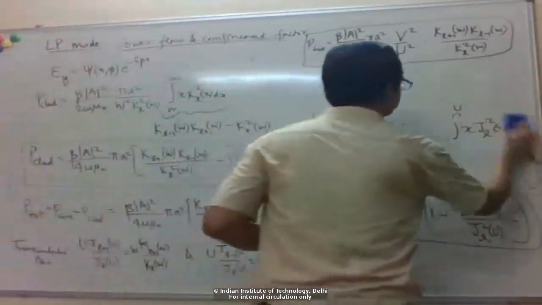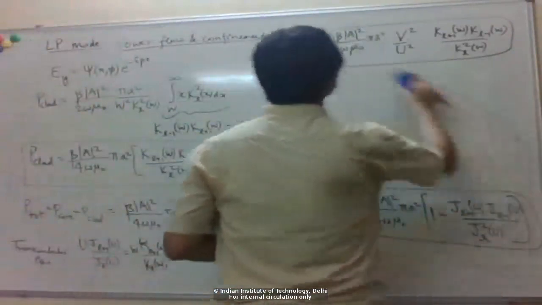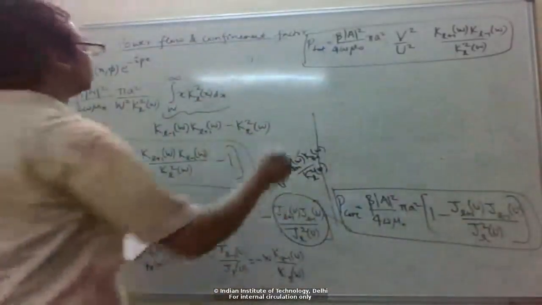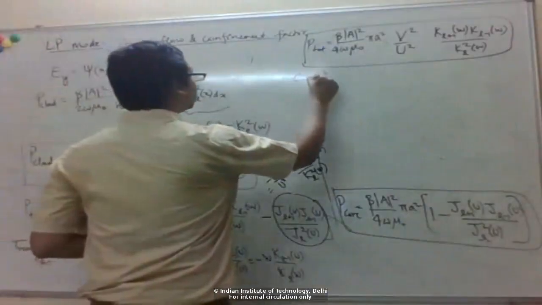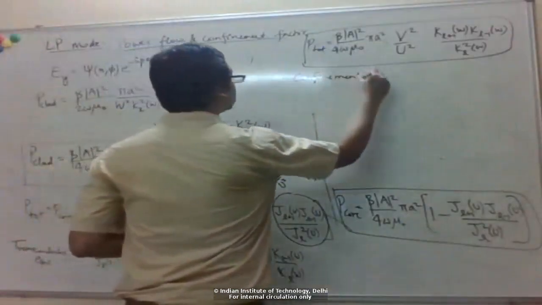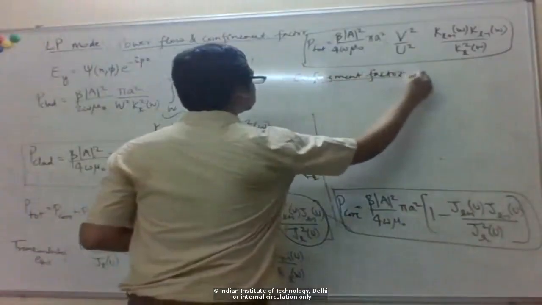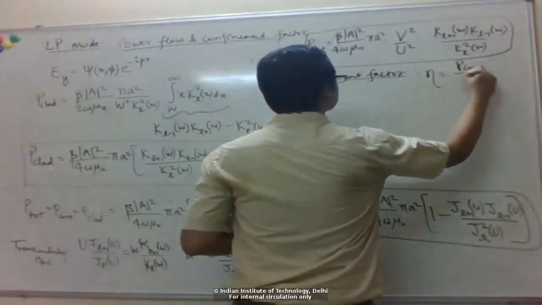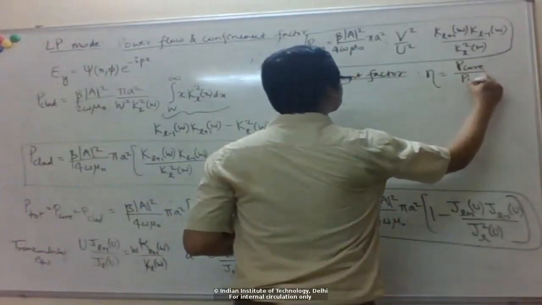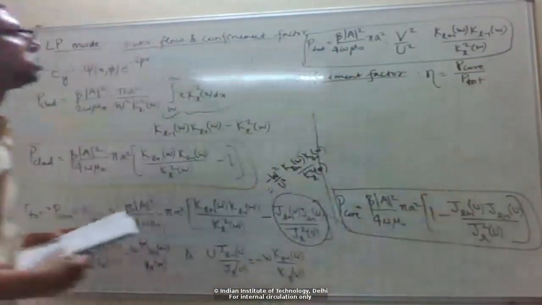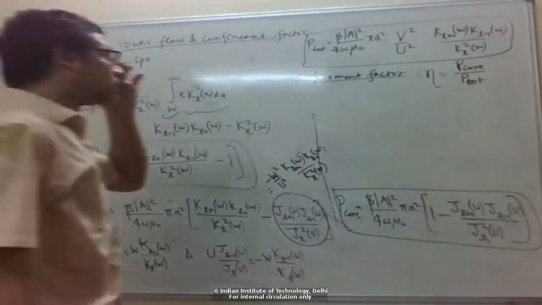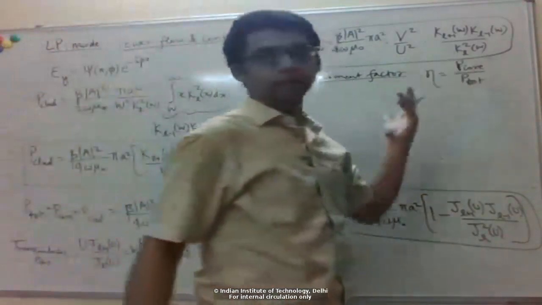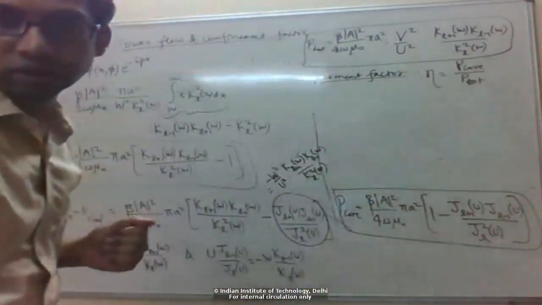We have an expression for the total power and an expression for the power in the core, so we can define a confinement factor, which is the ratio of the two. If you want a well confined mode, then we want this eta to be as close to 1 as possible.